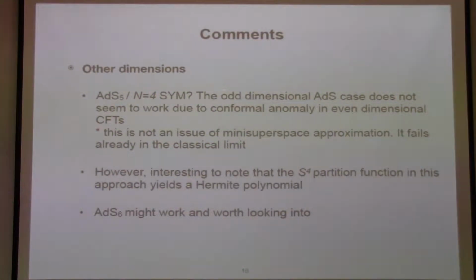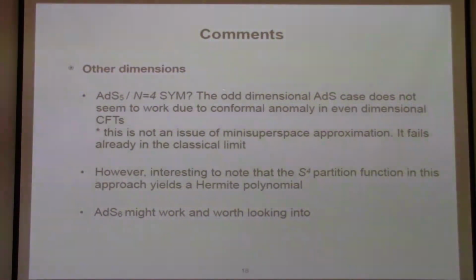Okay, however, we want to note that if we nonetheless calculate the wave function, or the four-sphere partition function, in this way, then it is a Hermite polynomial, which is reminiscent of the Hermitian matrix model you get for N=4 SYM.